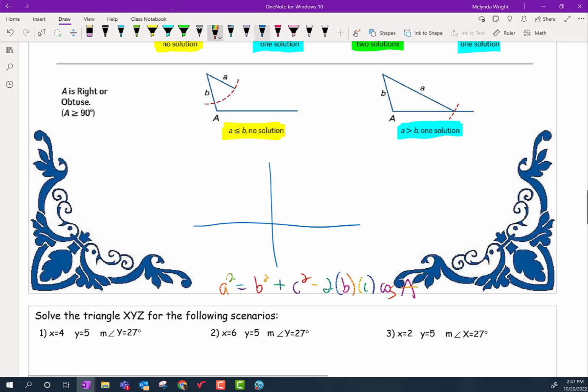What we're going to do is take this number right here and enter that in F1 in our calculator. F1 is going to be the a squared number, whatever that is.